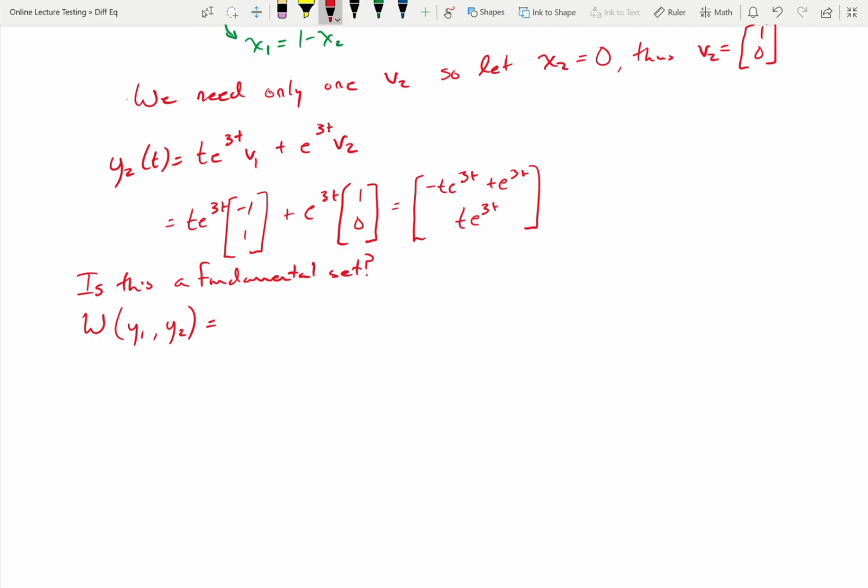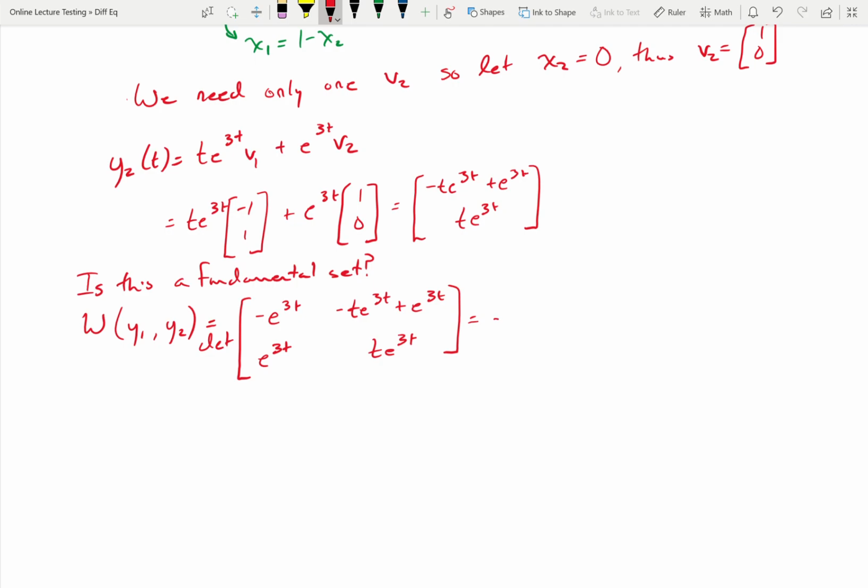All right. So I'm going to take the Wronskian of our first function, y1, which was negative e to the 3t, e to the 3t, and this vector function here, negative te to the 3t plus e to the 3t, te to the 3t. So let's make sure that we get a non-zero function out of this.